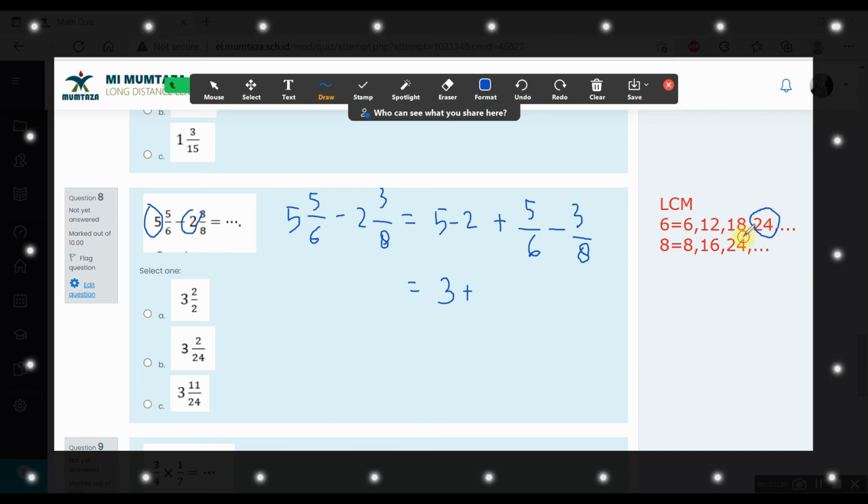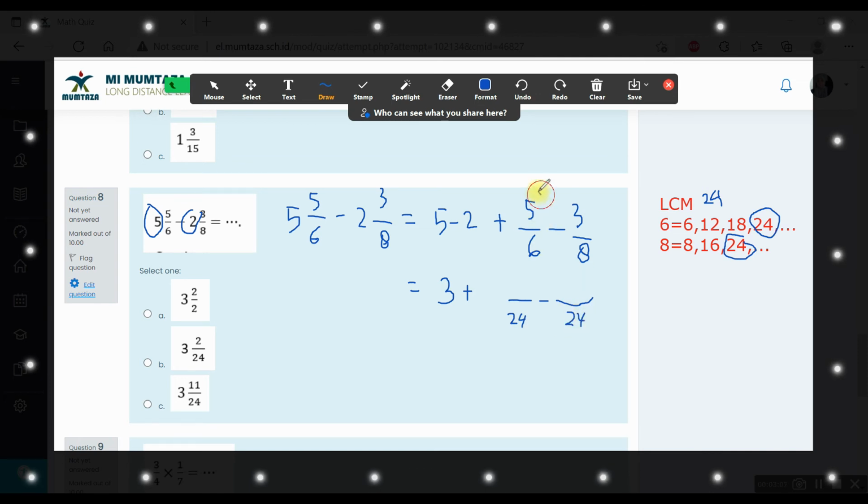Because the LCM is 24, we must find the new fractions of 5/6 minus 3/8. In the bottom is 24.